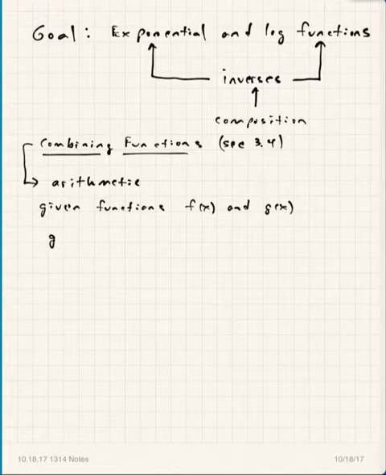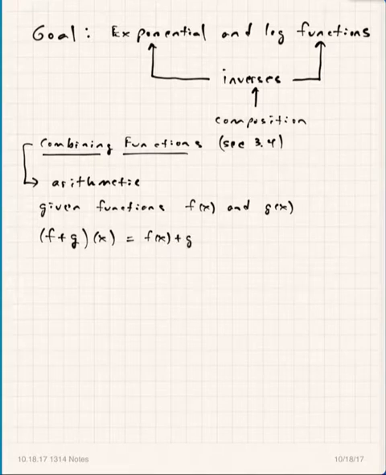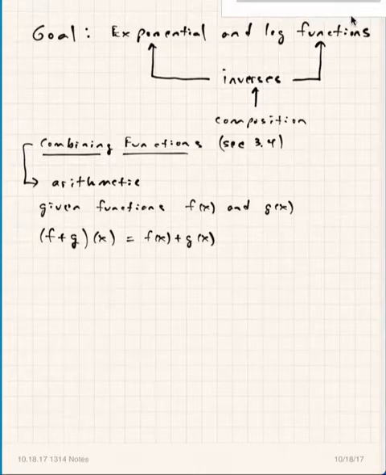When I say arithmetic, I'm literally saying you can take these 2 functions and combine them using addition. And you can form this function. The function's name is f plus g of x. And f plus g of x is just defined to be f of x plus g of x. In other words, you can take 2 functions and combine them to make a third function by just taking the 2 function equations and literally adding them together. That's all you're saying. Okay. So you can take 2 functions and combine them by adding them together.